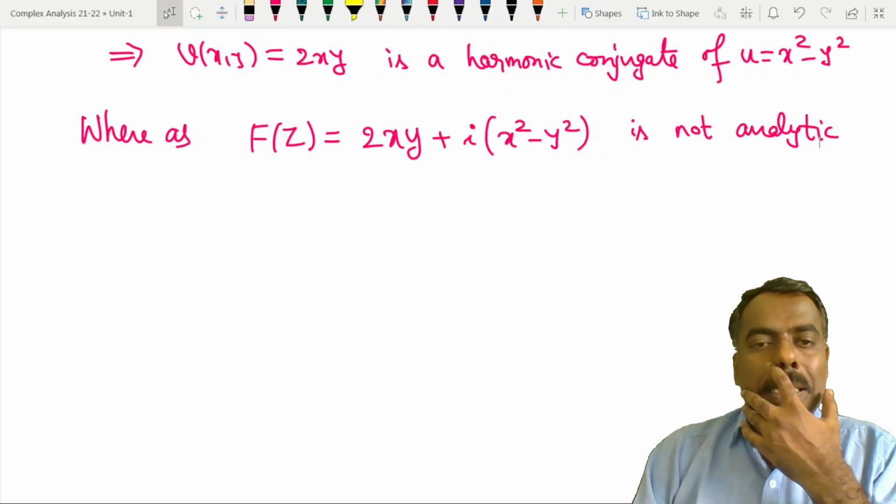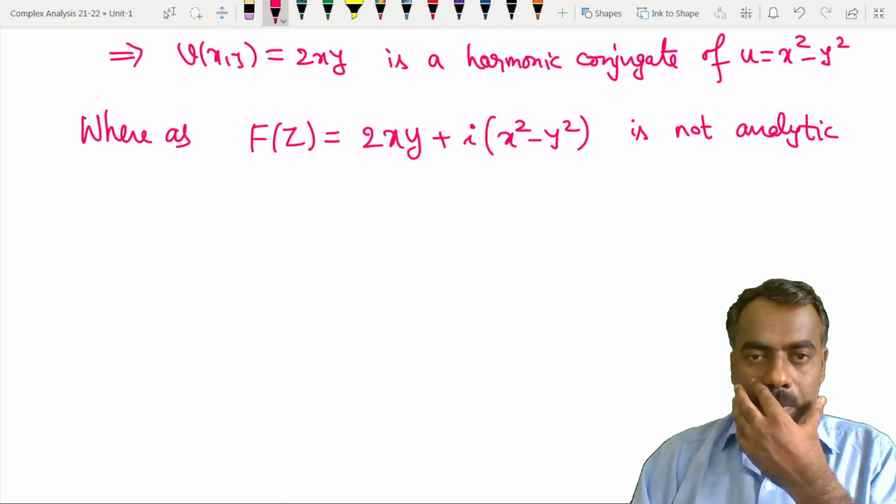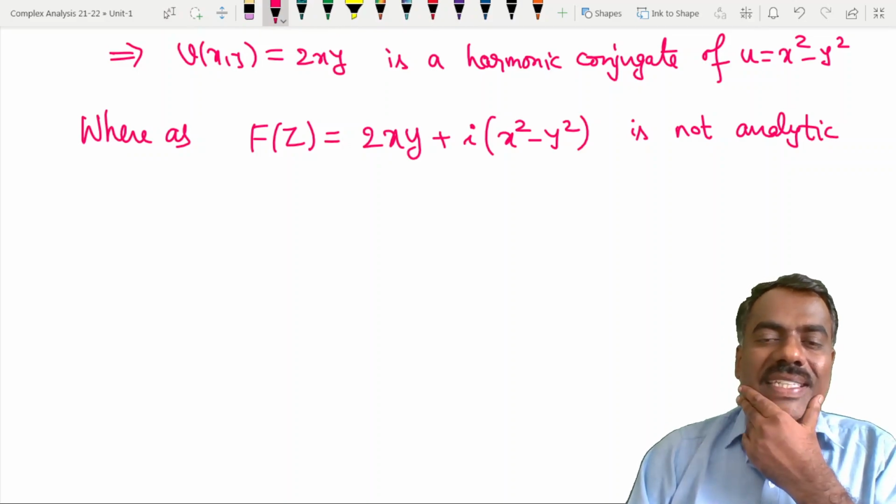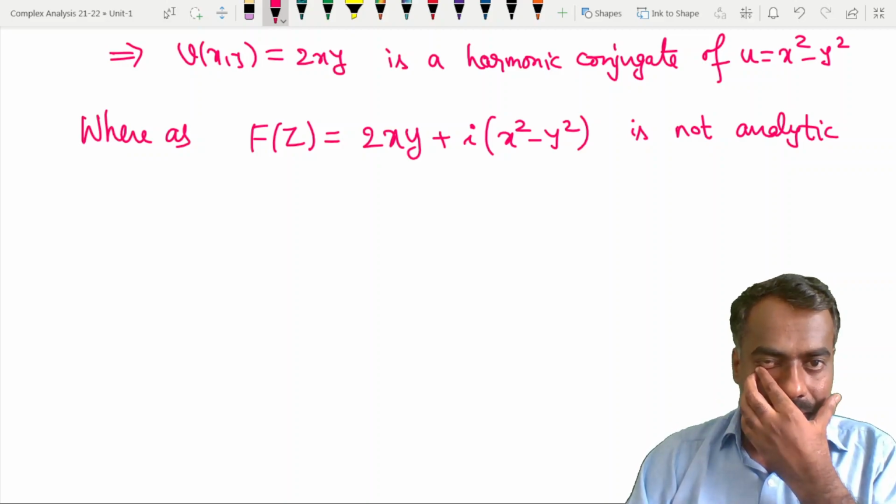Why is this not analytic? Can somebody see? If we want to show that this function is not analytic, let's find out what the CR equations are for this.